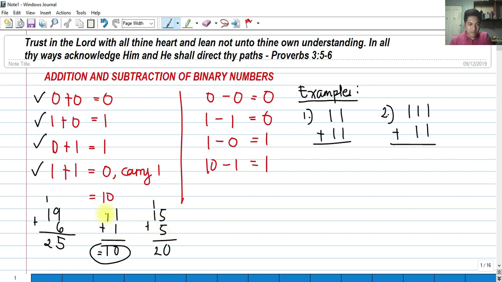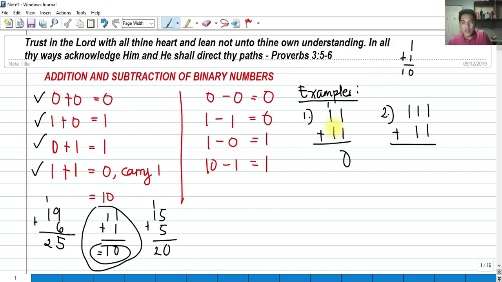The same goes for binary. For example, we have 1 plus 1 1. What are we going to do here? Again, we have 1 plus 1, which is 0, carry 1. Again, 1 plus 1 is 0, carry 1.